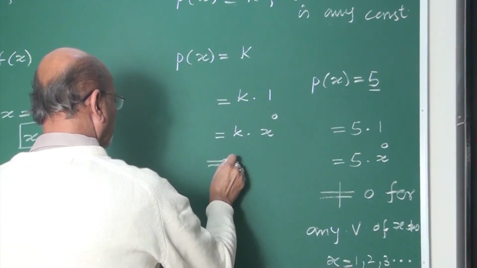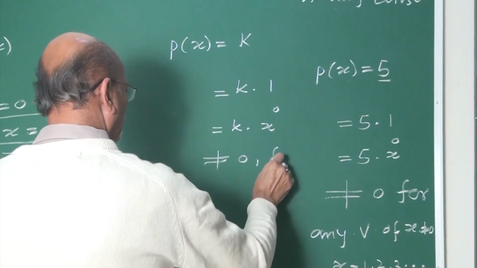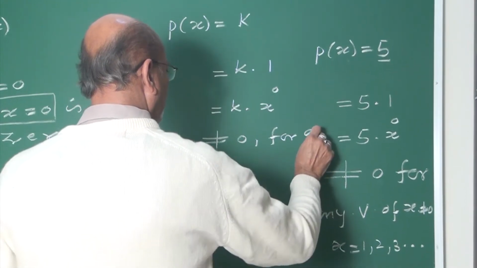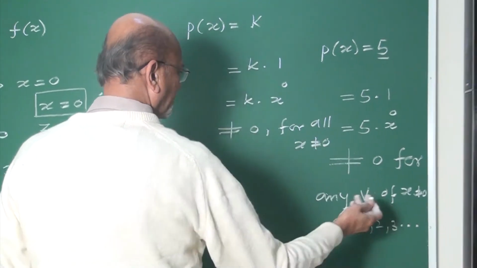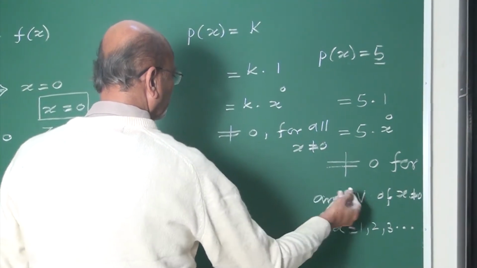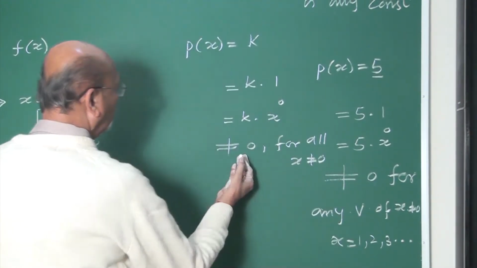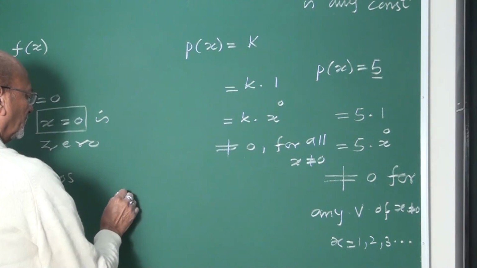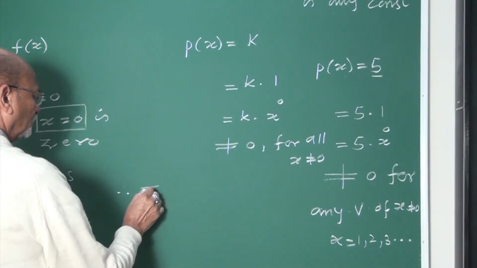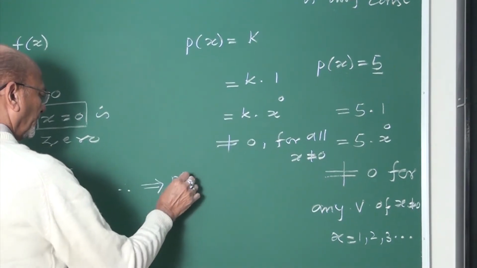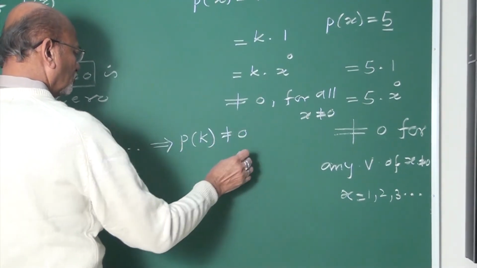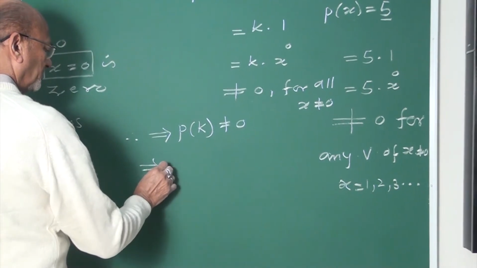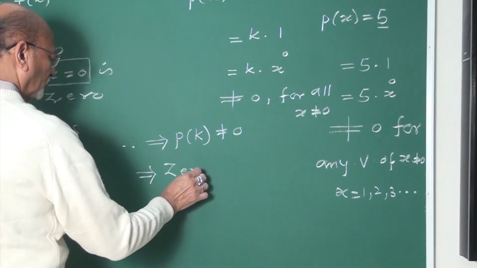It is not equal to 0 for all x not equal to 0, for example x equal to 1, 2, 3 and so on. Therefore, my friends, p(k) is not equal to 0. This implies the zero of a constant polynomial does not exist.